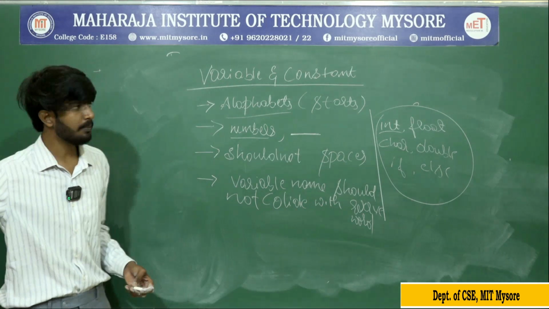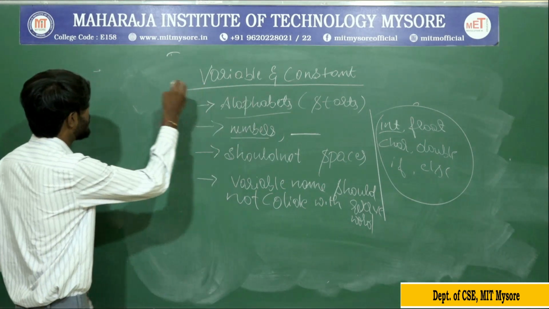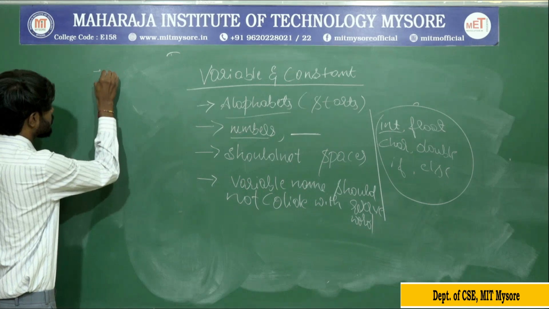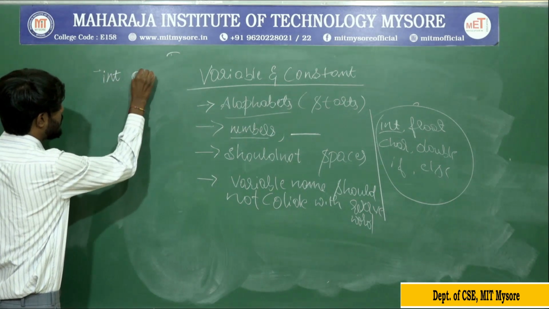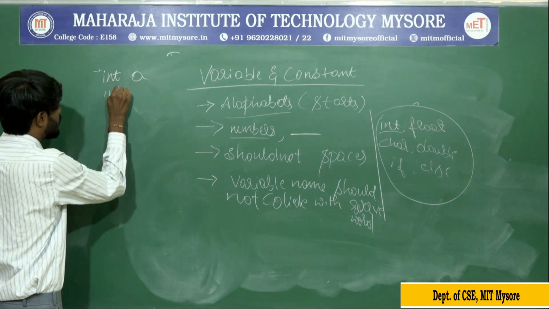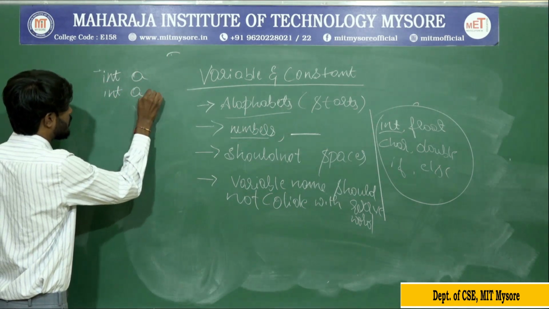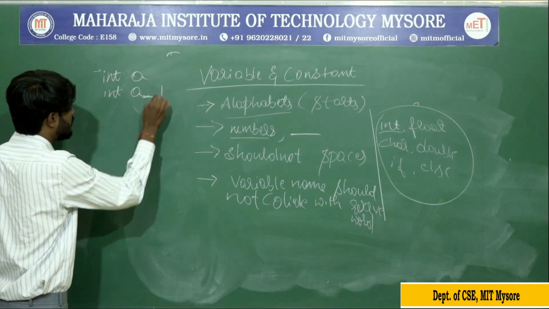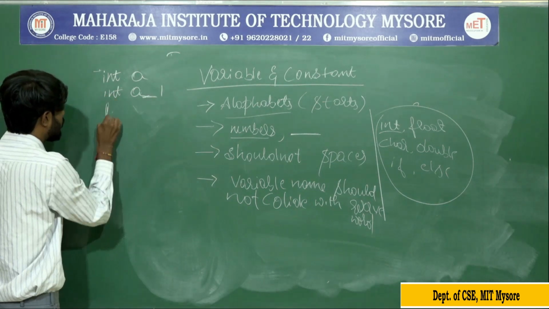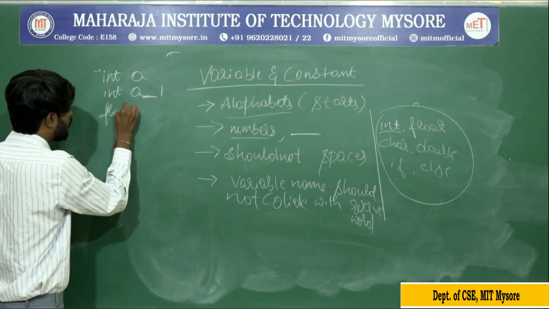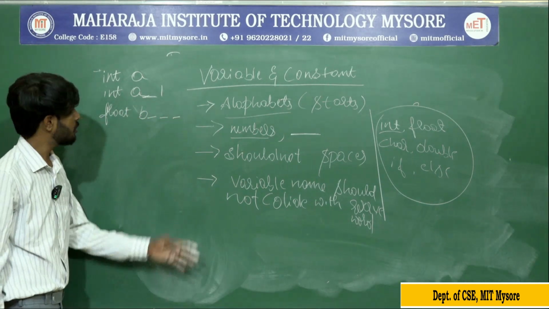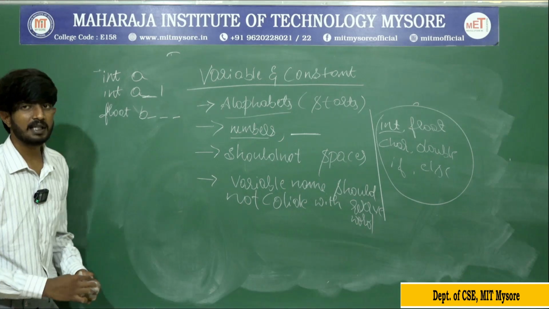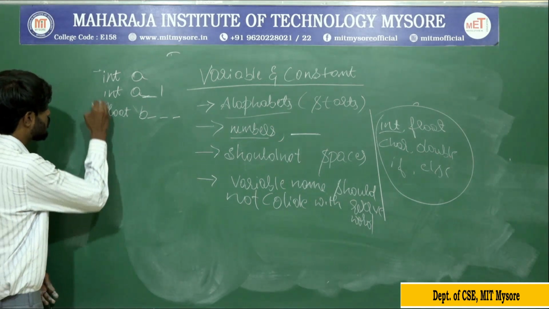Okay. For example, the variable name may be int a, or int a underscore 1, or float b underscore underscore underscore. You can use all these as variables.